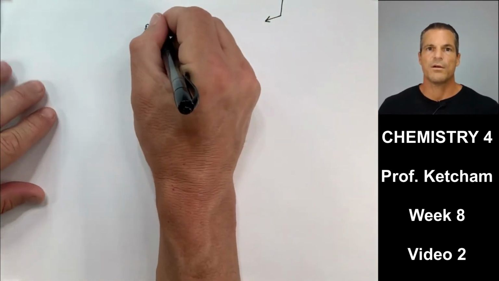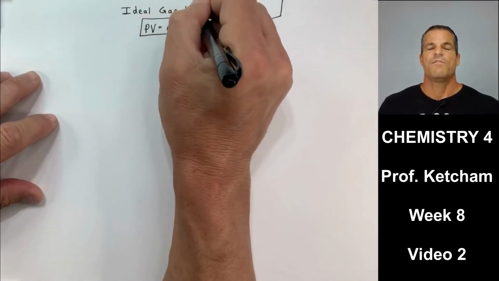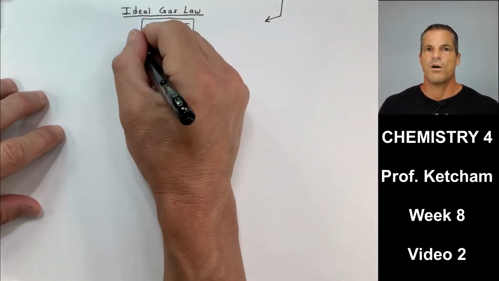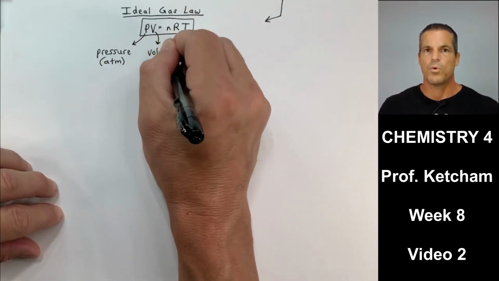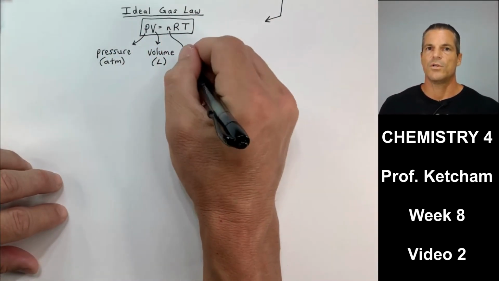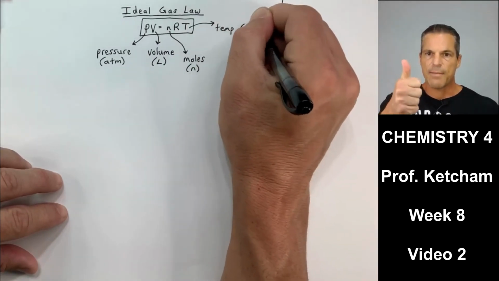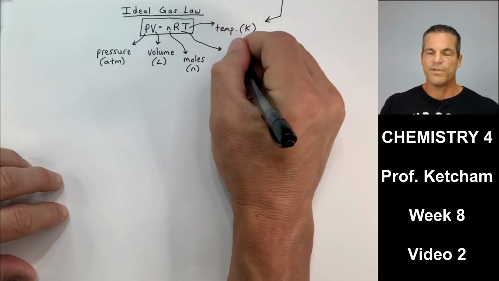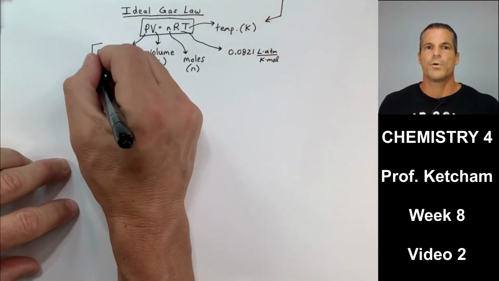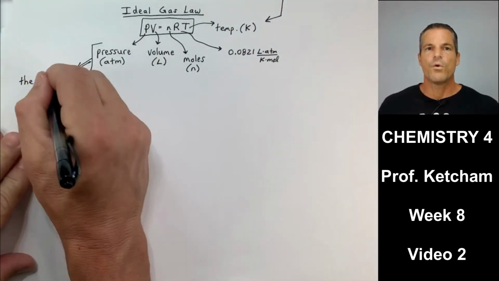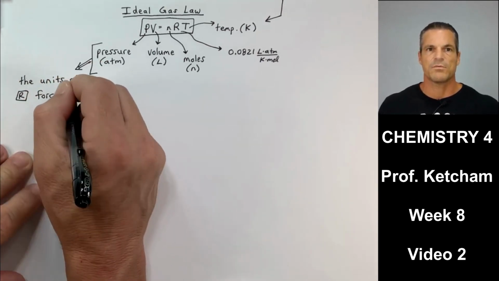One more blurb here on PV equals nRT before I let you go. The ideal gas law, if you look at the units of R, R is a universal gas constant, and the value isn't just 0.0821. It has certain units. R is 0.0821 liter atmospheres per Kelvin per mole. So that unit forces, for the first time, everybody to have specific units required.